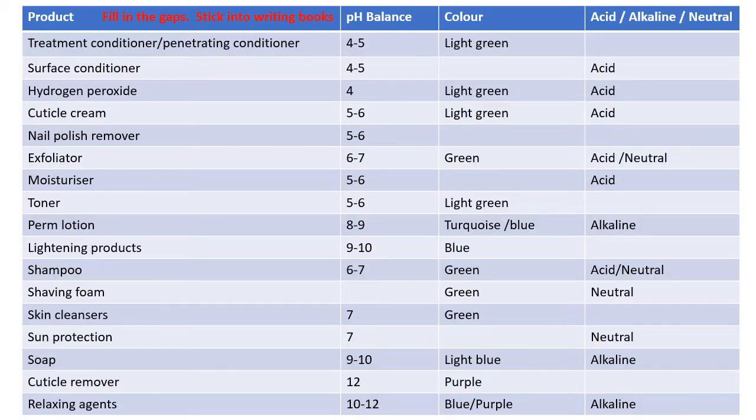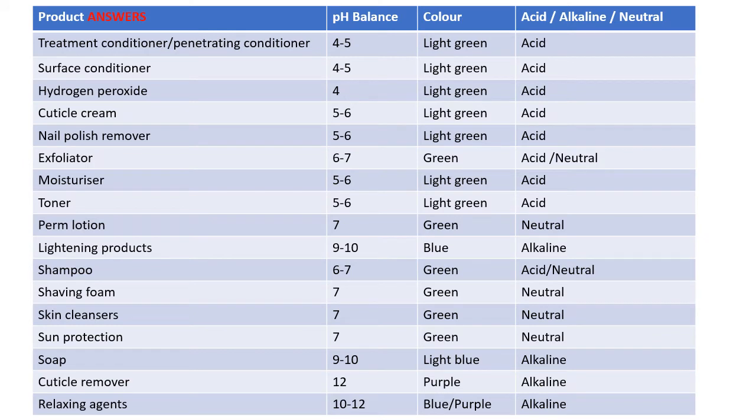Here we have a sheet that I would hand out to the students, just for them to get used to the numbers. There are some fill in the blanks, recognising if the number is acid or alkaline or neutral, and recognising the colour. They simply fill in the blanks on the pH scale so that they can see what it is, and they can stick the results into their books.